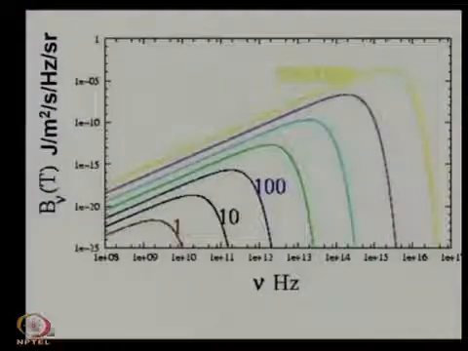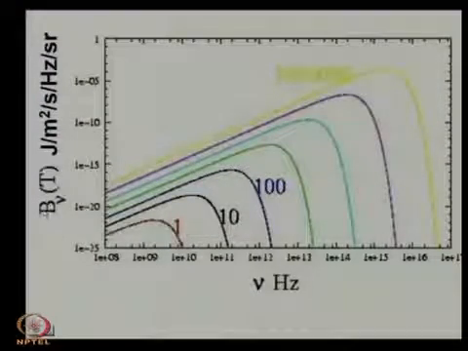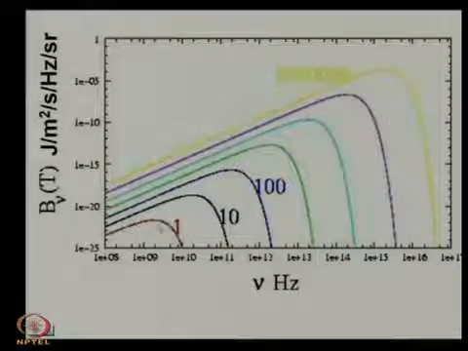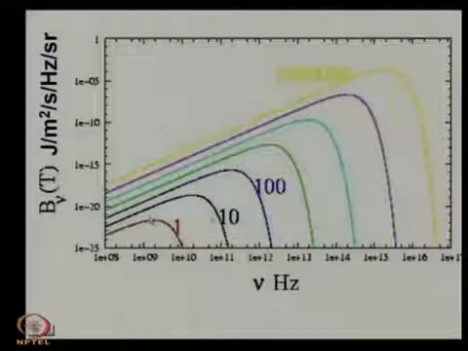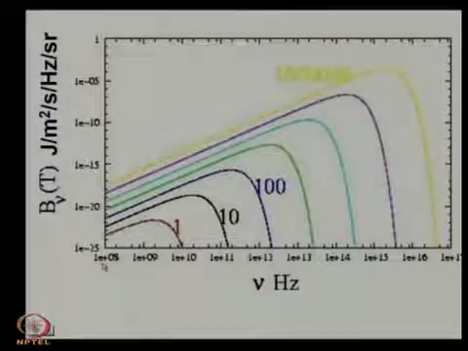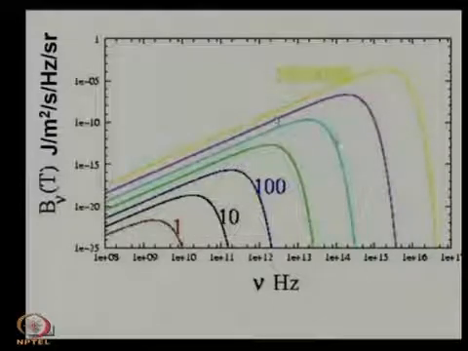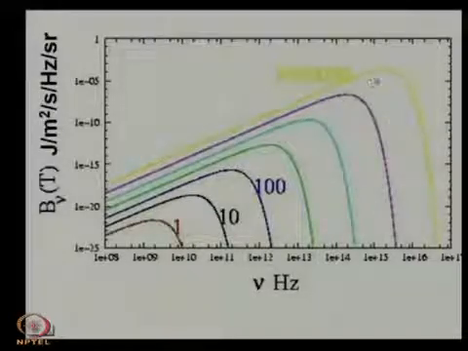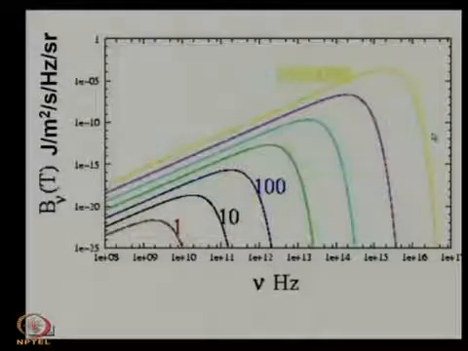Just as an example, look at these curves: at around 1 Kelvin or 10 Kelvin, the maxima are all in the radio microwave region, whereas for a few thousand Kelvin it is in the optical, visual, ultraviolet, infrared range, and if you are looking at 1 million Kelvin or so, it is in the X-ray.